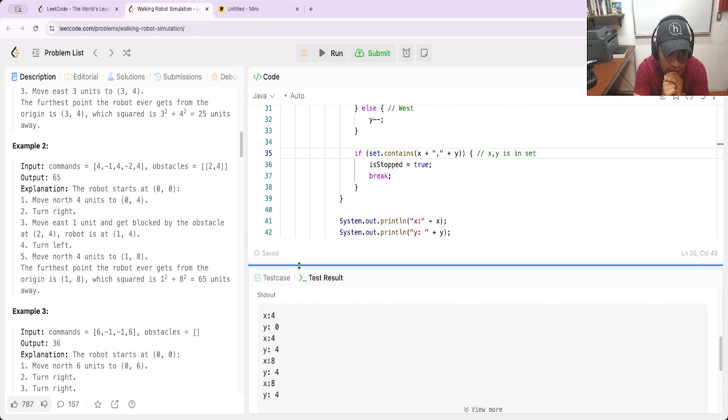I was thinking of using a map to save the X, for example.